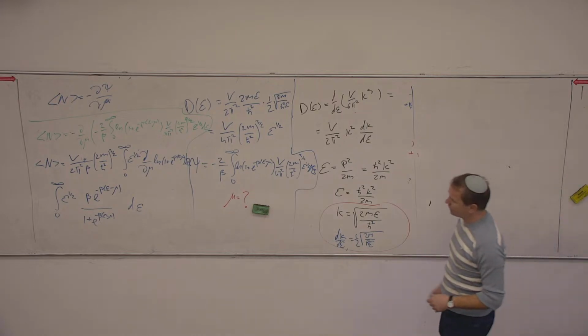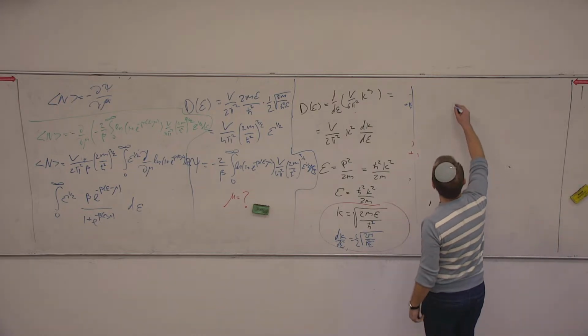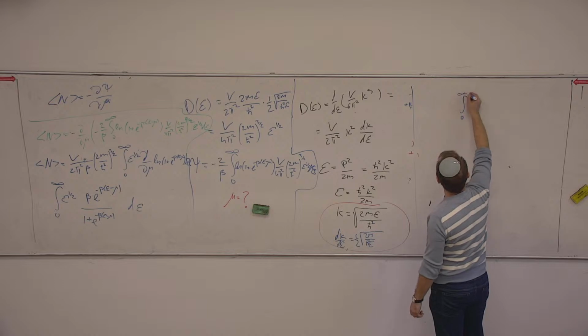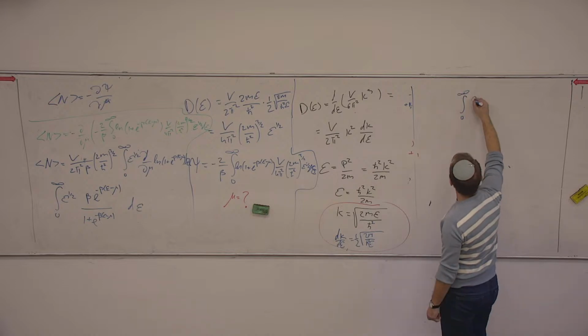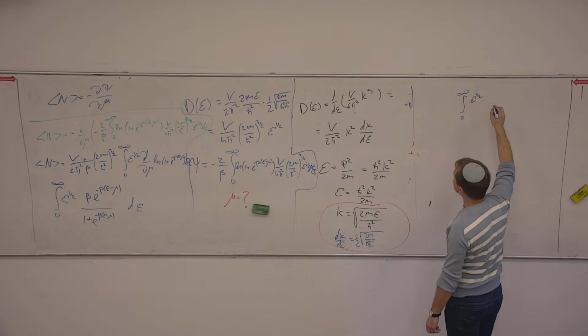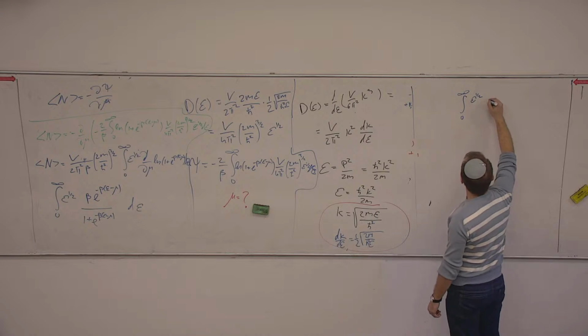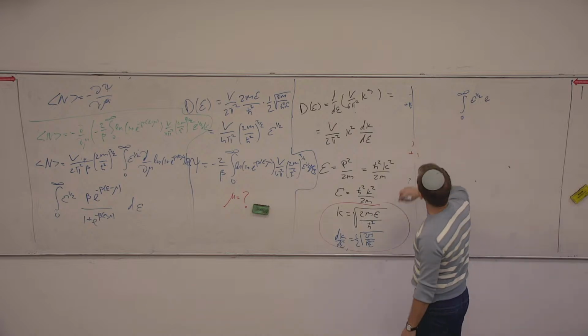So we're looking at the integral from 0 to infinity of epsilon to the 1/2, e, let's take beta out, so we have beta.